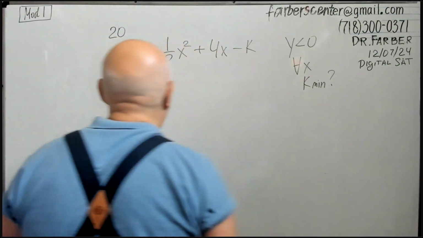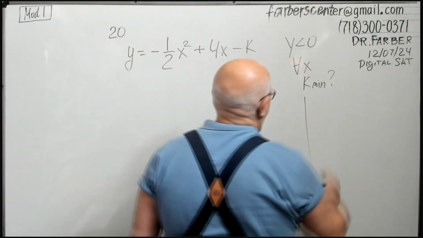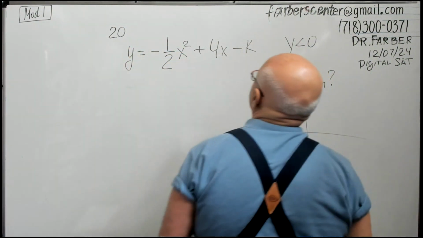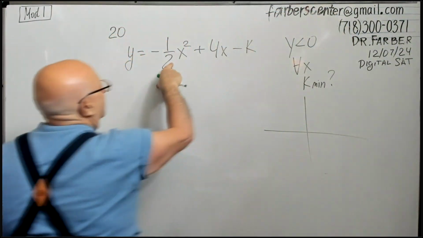Find k minimum. Let me make a sketch. So pretend it's Cartesian coordinates. And this leading coefficient is negative.